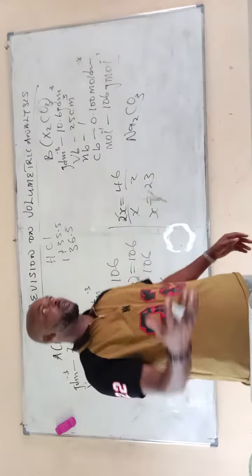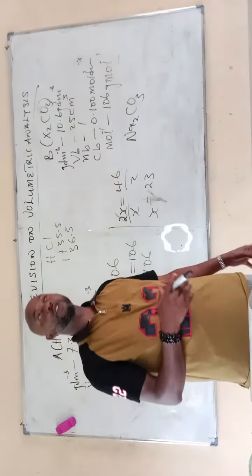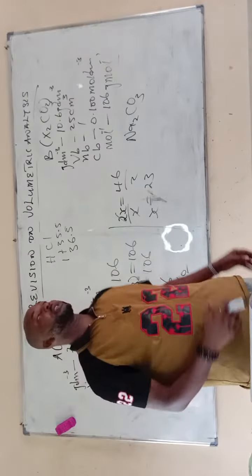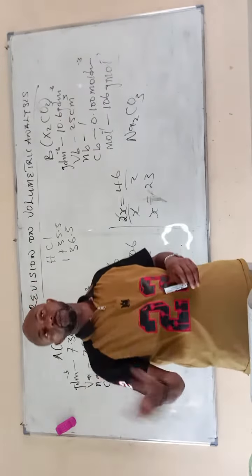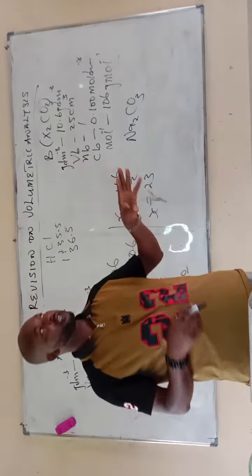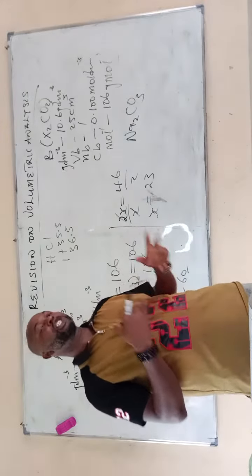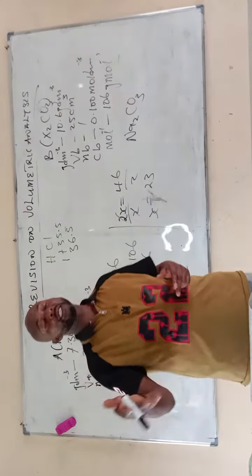When we use methyl orange, we have an orange color in the alkaline medium and it changes to pink in the acidic medium. And we have a reddish or pink color when we use phenolphthalein in the alkaline medium, and it changes to colorless in the acidic medium.